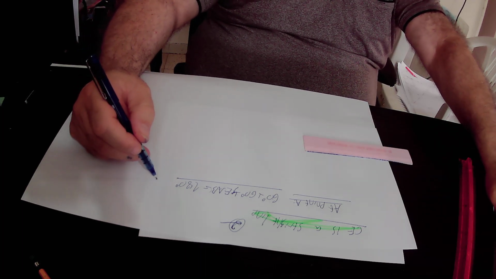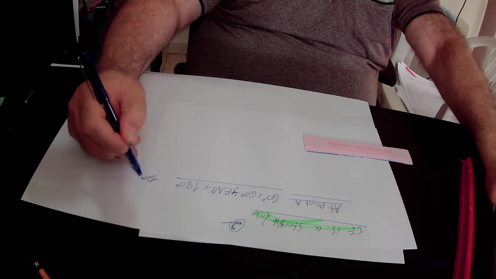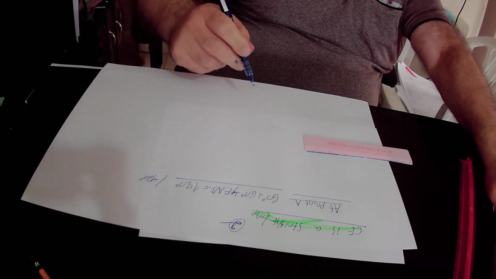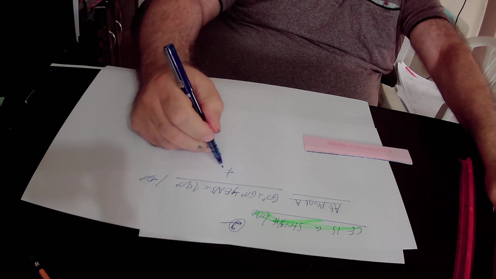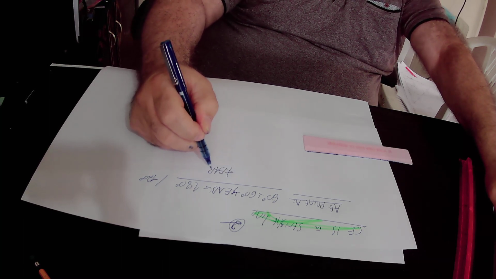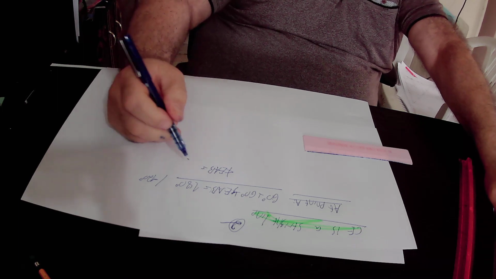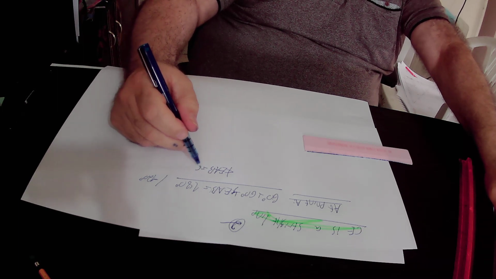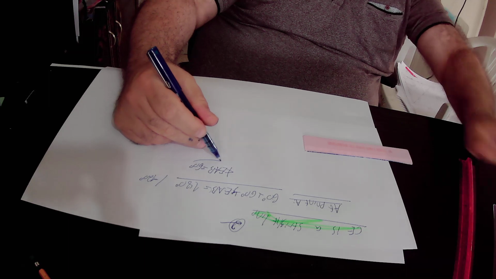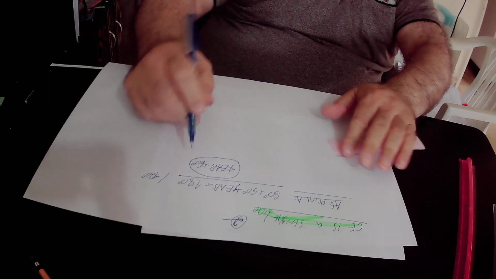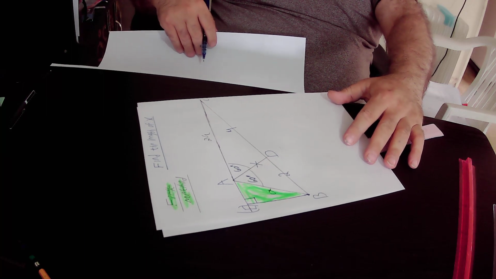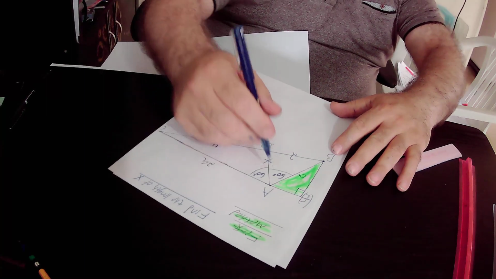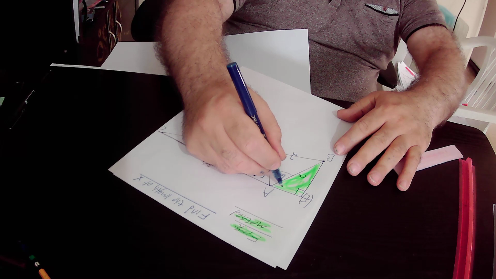So we subtract 120 degrees from this equation and we get that the missing angle EAB equals 180 degrees minus 120 degrees, which is 60 degrees. Here we found out that the missing angle EAB equals 60 degrees.